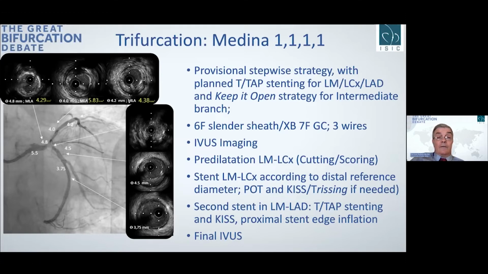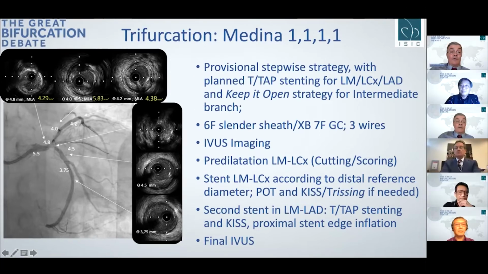We learned with time that in case of occlusion, because of the fractal geometry, we can always go with a small balloon on a jailed wire and recover flow in the artery and then repeat the procedure. So after tracing, because of dilation and diffuse disease in the LAD, I will not leave the ostium of the LAD without a stent.